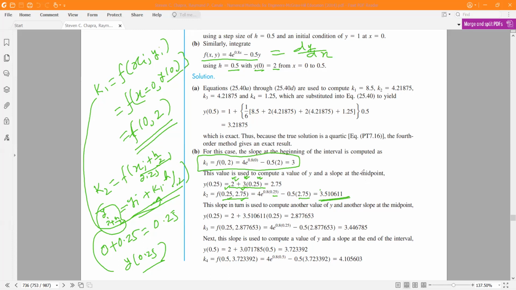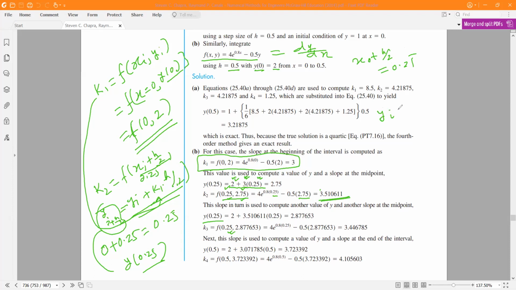Now, if you want to calculate the next value, again you have to apply this. Your x value would be equal to x0 plus h divided by 2, and that will remain 0.25. But we need a value of y.